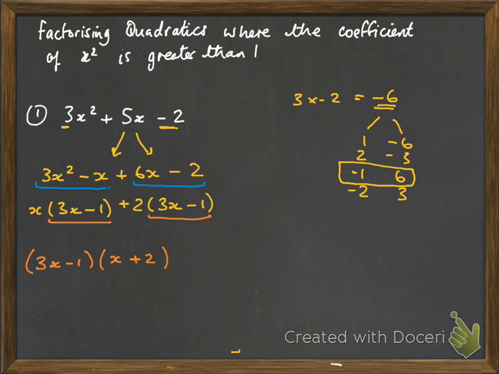Okay, so let's look at a slightly tougher one. Let's look at 6x squared plus x minus 12. Again, if I was going to factorise that into the two double brackets, I could have a 3x there and a 2x there, or I could have a 6x there and an x there.